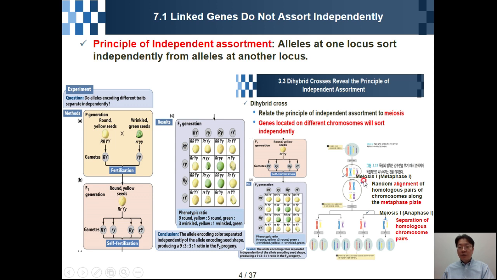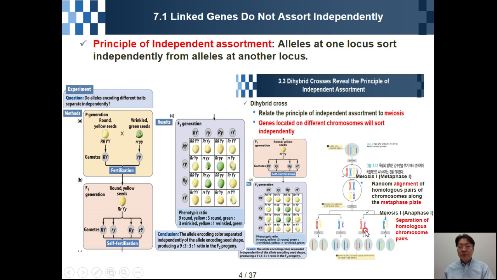Usually in metaphase I, there is random alignment of homologous pairs of chromosomes along the metaphase plate, and during anaphase I the homologous chromosome pairs separate like this.